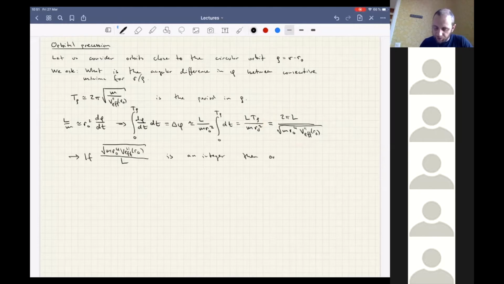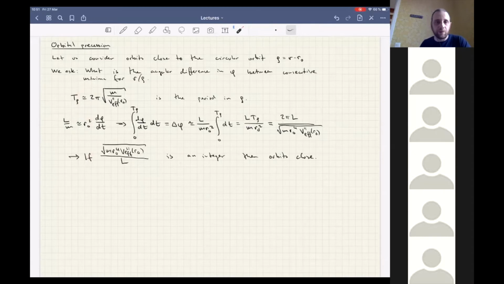Then orbits close. Or rather, they close at least to the level that we have computed, because we had some approximations here. We had this approximation and we had this approximation. But if this is not an integer, then the orbits will definitely not close, even to first order.